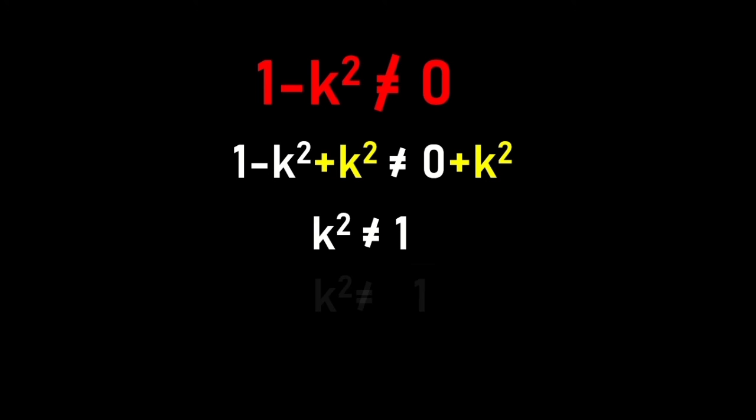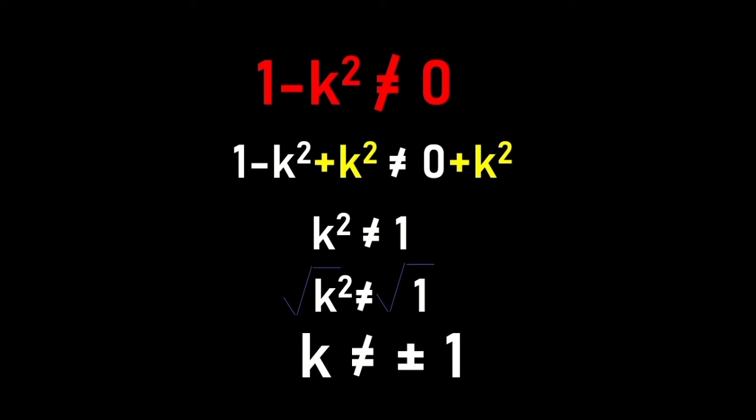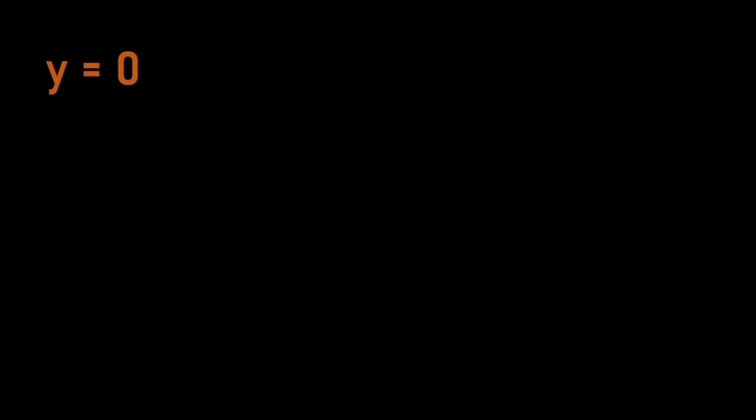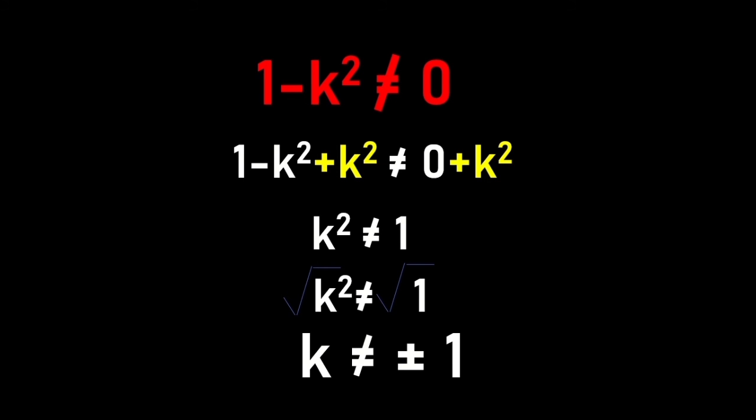Simply taking the square root of both sides, we get k is not equal to positive or negative 1. So the rules are: k is an element of the real numbers, and k is not equal to positive or negative 1.